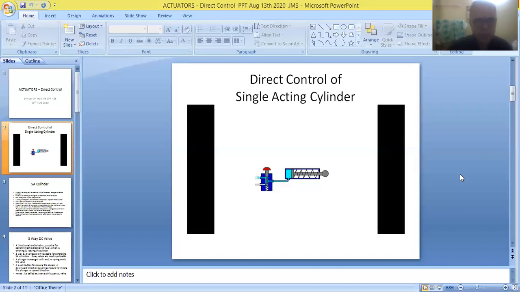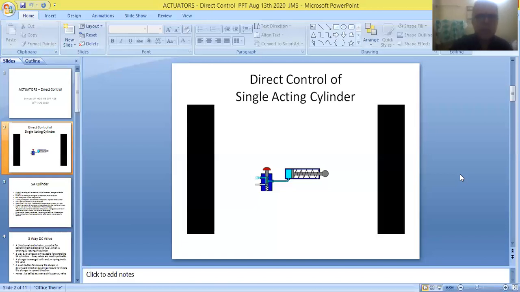This is connected to the pipeline coming from the hydraulic pump in the case of a hydraulic system, and it is connected to the pipeline coming from the compressor in the case of a pneumatic system. Whatever may be the case, the fluid coming from the supply source will be entering the valve through this particular port. Therefore, it is referred to as the inlet port of the DC valve.